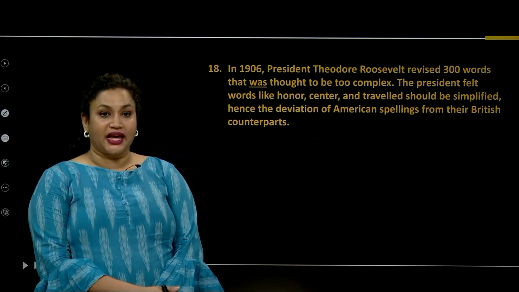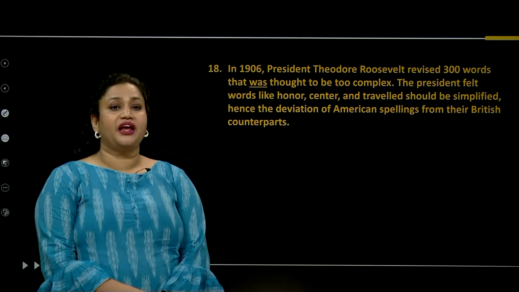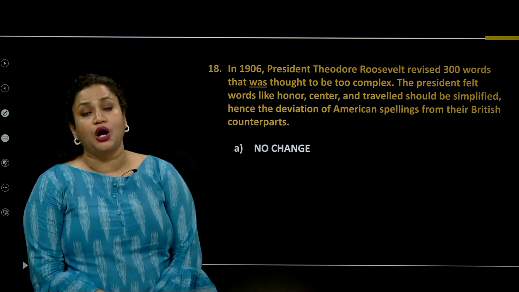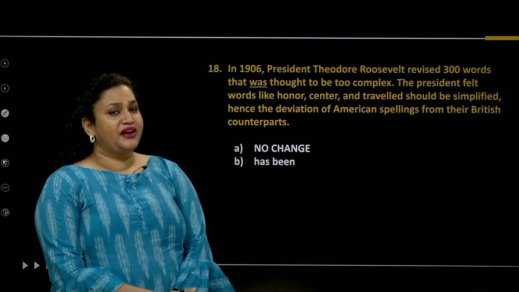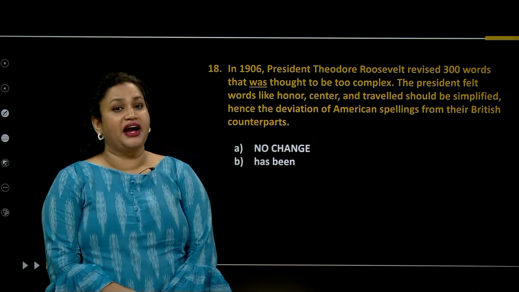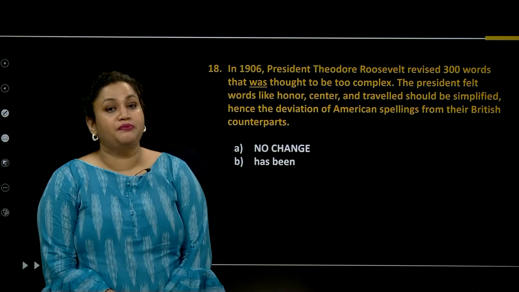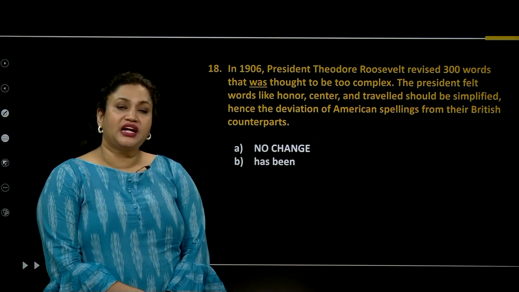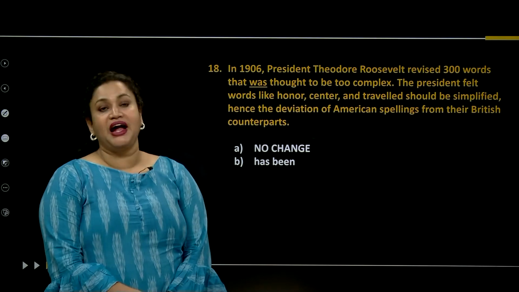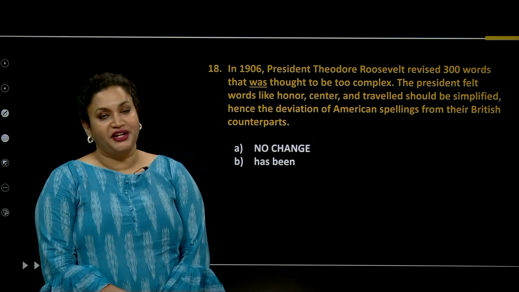In 1906, President Theodore Roosevelt revised 300 words that was thought to be too complex. The President felt words like honor, center and travel should be simplified, hence the deviation of American spellings from the British counterpart. We often come across words like school, in US format and British format.